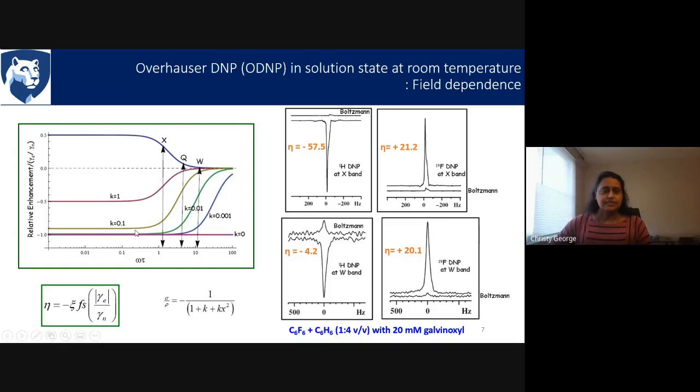As we have seen earlier, the double quantum relaxation processes lead to a negative enhancement. These double quantum processes occur when the dominant relaxation mechanism is dipolar. And in this plot, where I'm showing the enhancement as a function of the spectral density function, you can see that as the field goes higher and higher, the dipolar enhancement goes down.